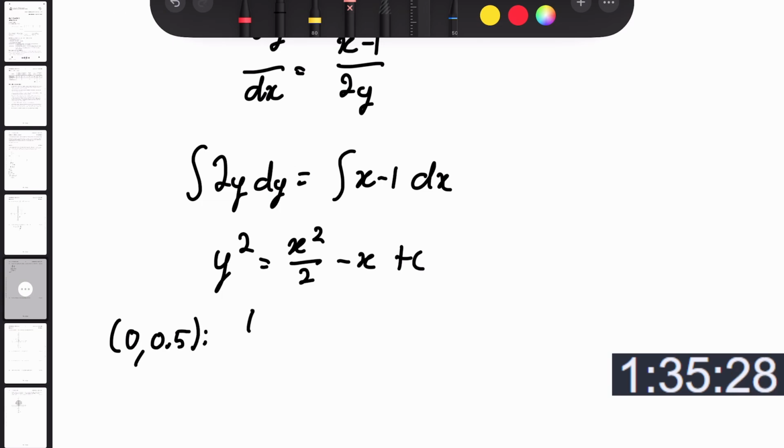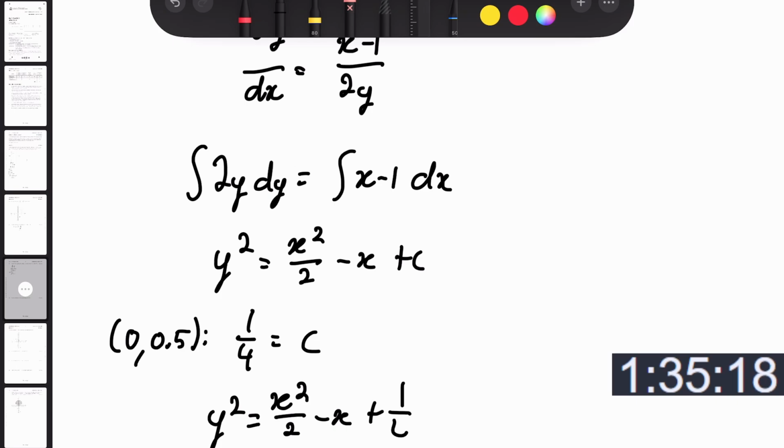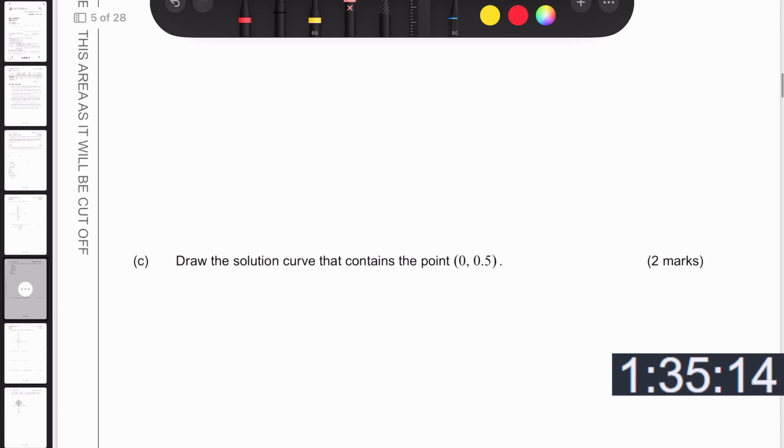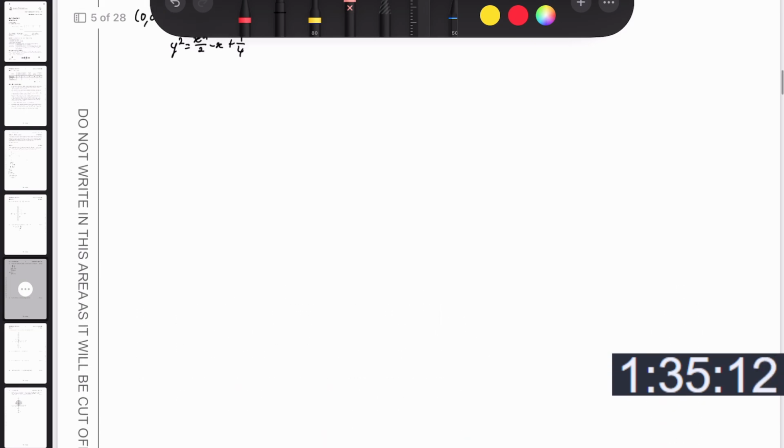So we have that 1/4 is going to equal c. So then y squared is going to equal x squared on 2 minus x plus 1/4. This is determined. Draw the solution curve that contains the point.